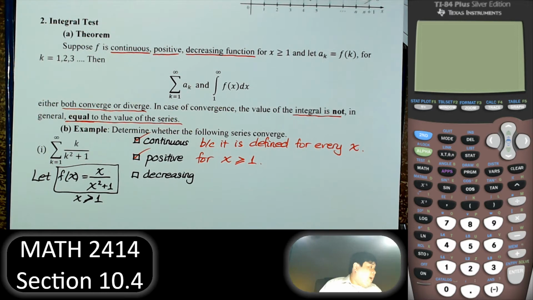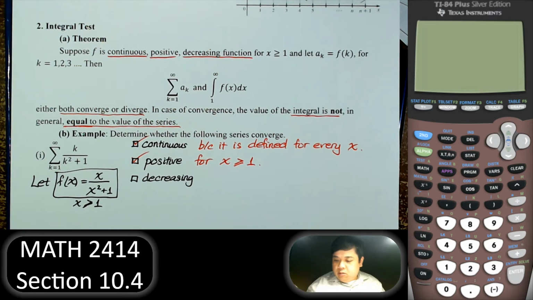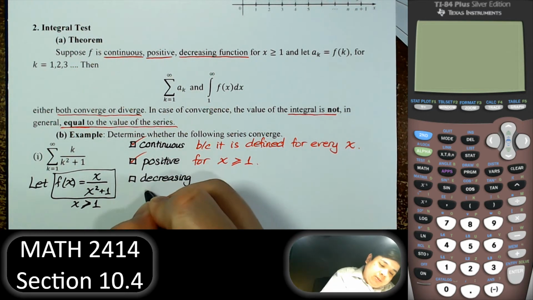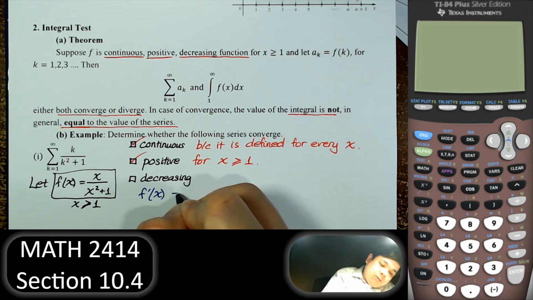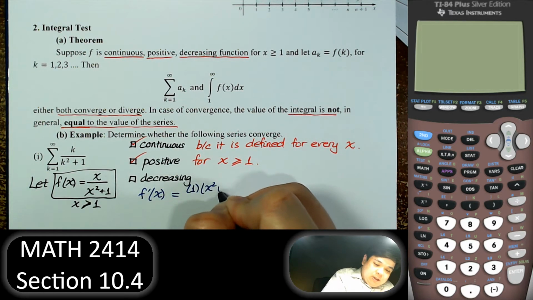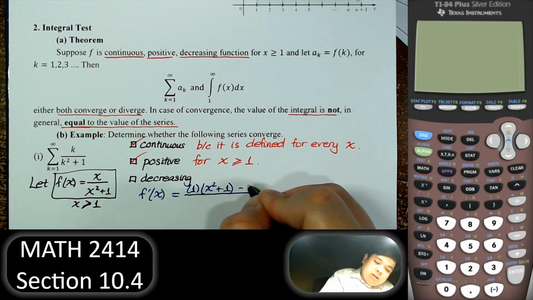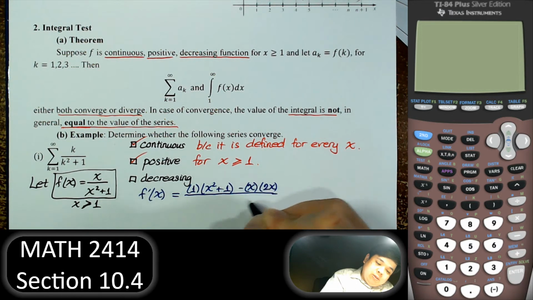The last one, how do we know if it is decreasing? Luckily we have calculus 1, and when we do this we will take the derivative. Derivative of the top times the bottom, subtract the top times the derivative of the bottom, over the bottom squared.